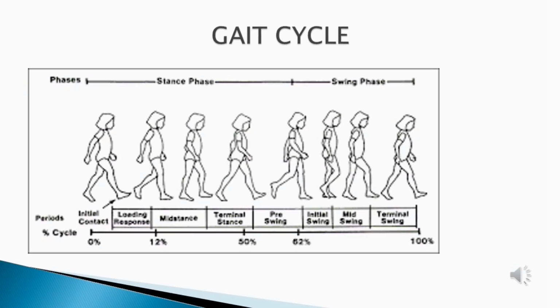Now here's another diagram that shows basically the same concept, and I simply present it here because it looks like a slightly better diagram or a slightly different diagram. Again, we have the gait cycle beginning with initial contact, progressing through the loading response phase into the mid-stance phase of gait.